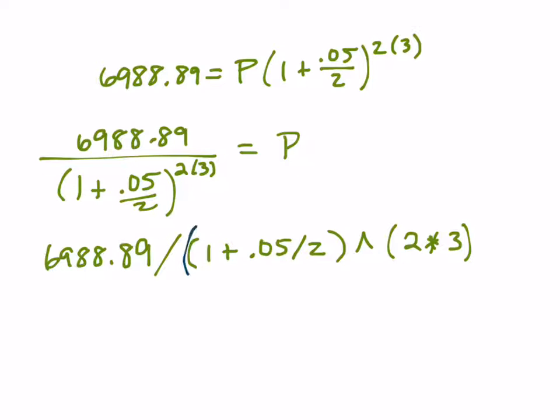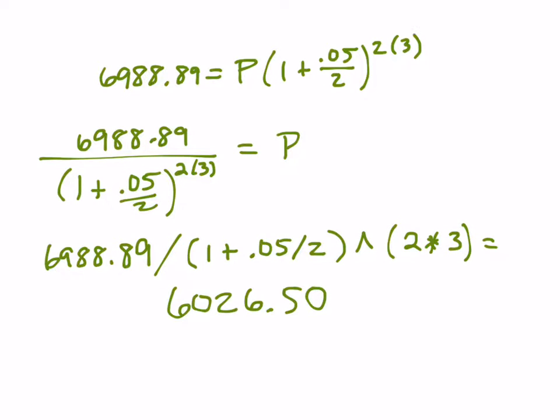It doesn't hurt to put parentheses around the entire denominator, but you don't need those because your calculator uses order of operations, so it will calculate the exponent before it does the division. If we calculate this, this gives the principal, which should be $6,026.497, so that's going to round to $6,026.50.